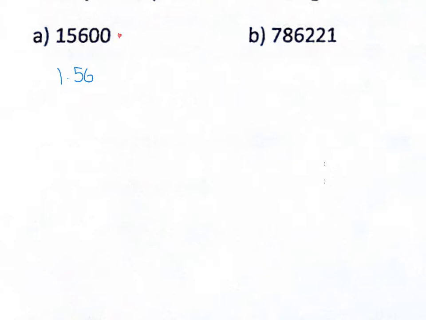And to get it to between the 1 and the 5, we've moved it once, twice, 3 times, 4 times. So it's been moved 4 times, so that means it's going to be 10 to the power of 4. Because it's 10 to the power of 4, what that really means is 10,000. And if we multiply 1.56 by 10,000, we'll get back to 15,600.